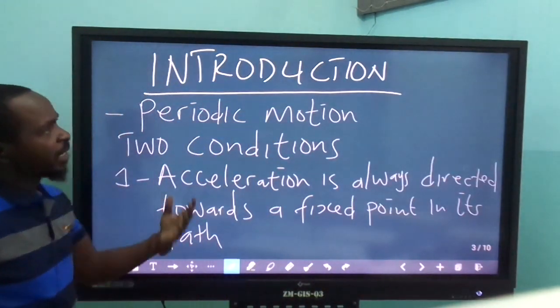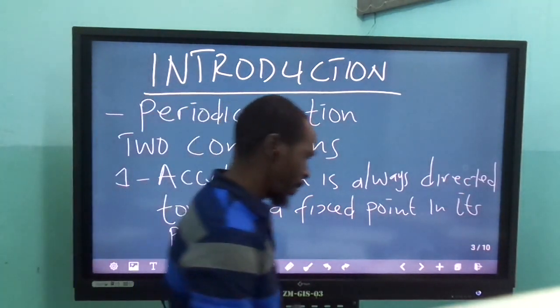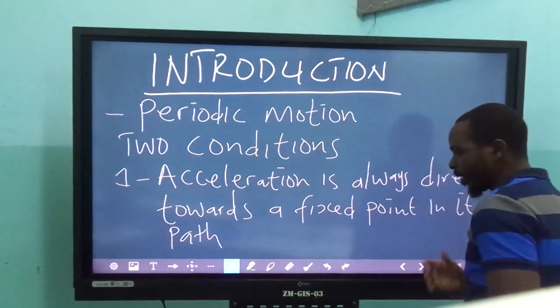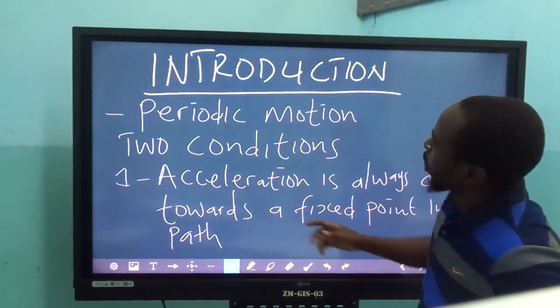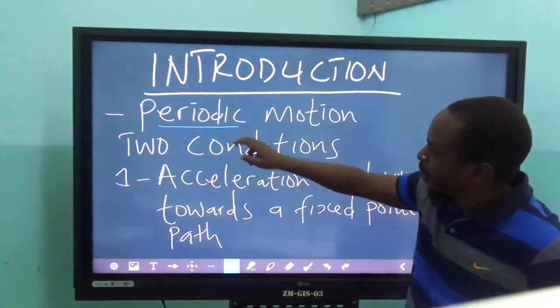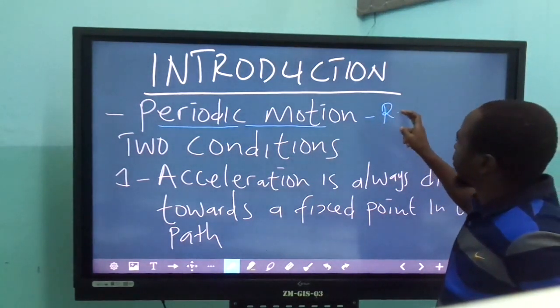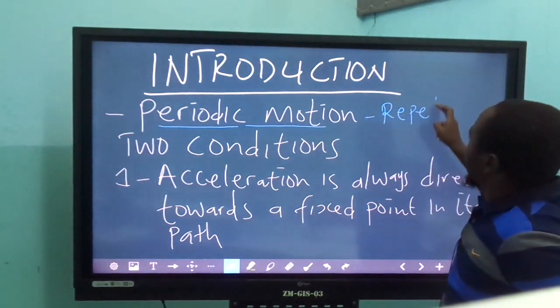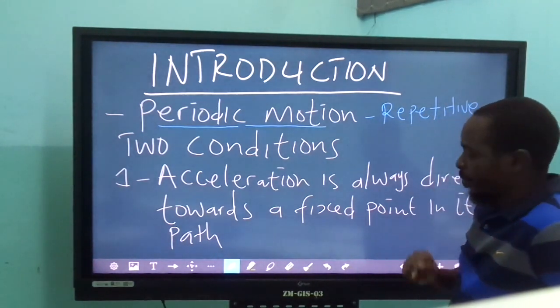Okay, now let us start by defining what simple harmonic motion is. Simple harmonic motion is a type of periodic motion. Periodic motion is a motion that is repetitive in time.